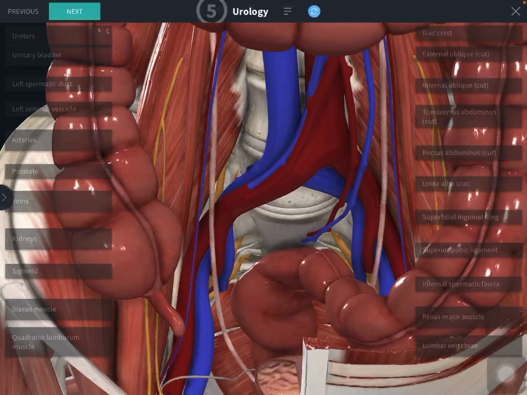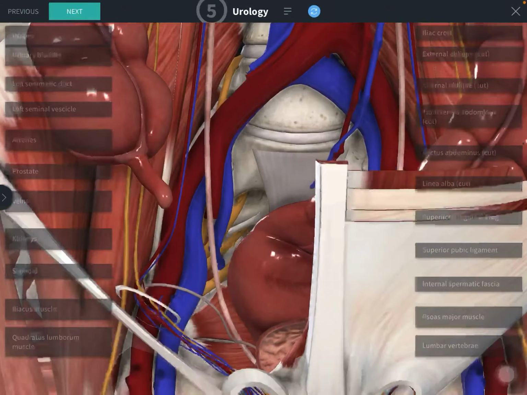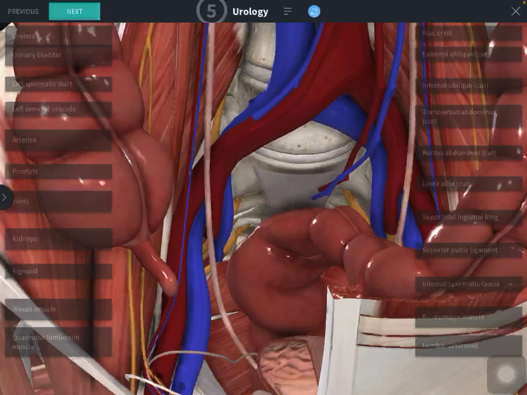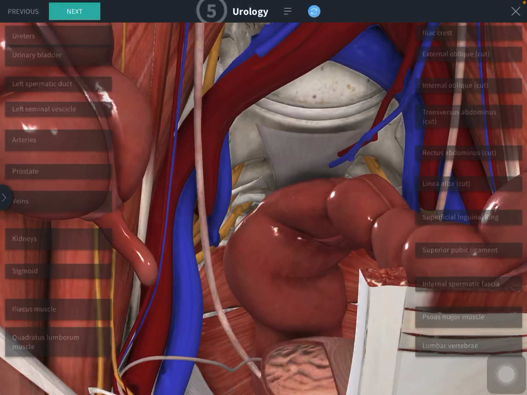Then the second part you are seeing, yes, this is the second part. From the ischial spine, the ureter passes forwards and medially through the extraperitoneal tissue above the levator ani muscle. So that is the pelvic diaphragm. You are seeing the pelvic diaphragm at the pelvic outlet.